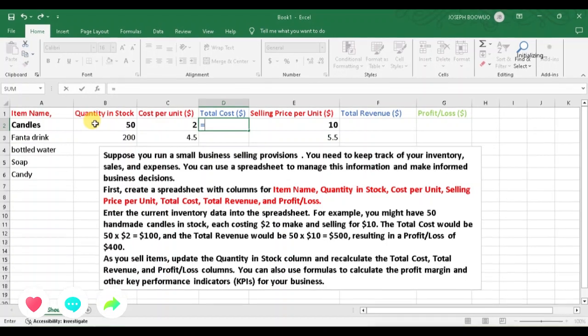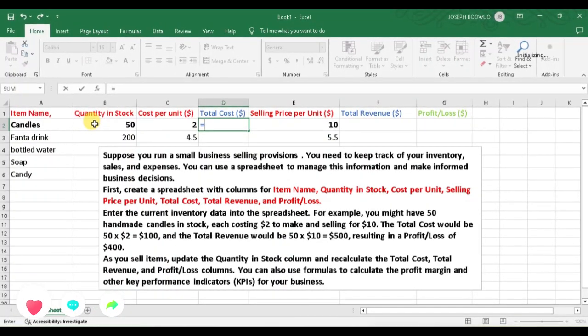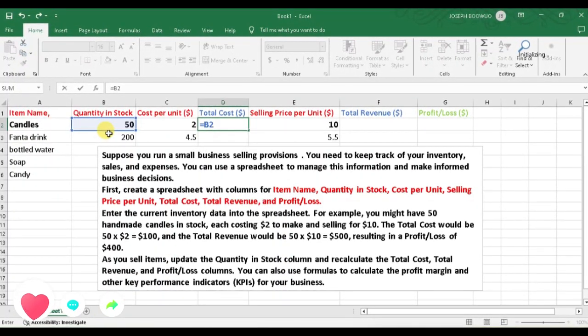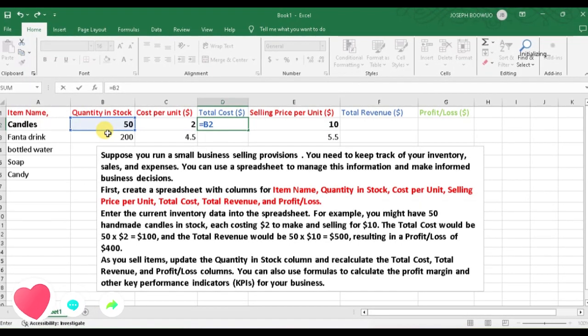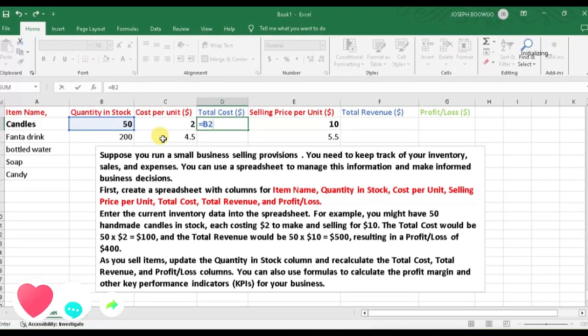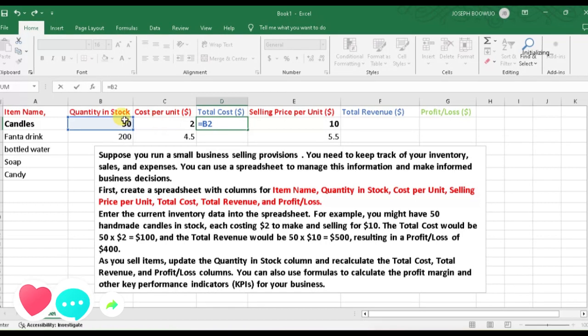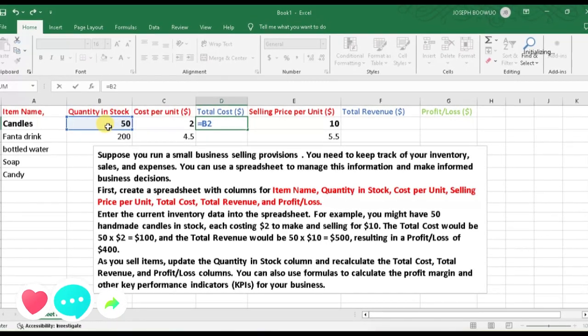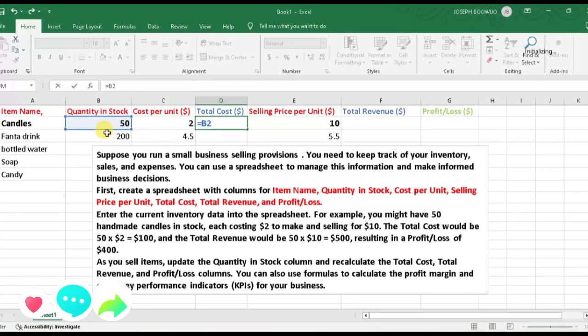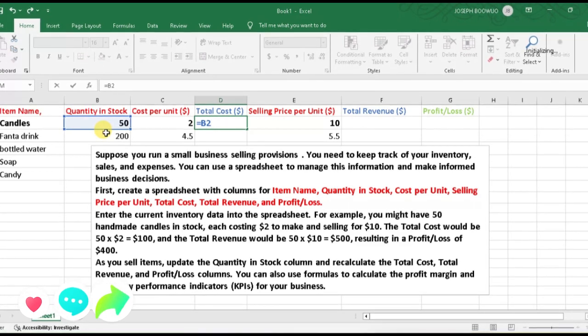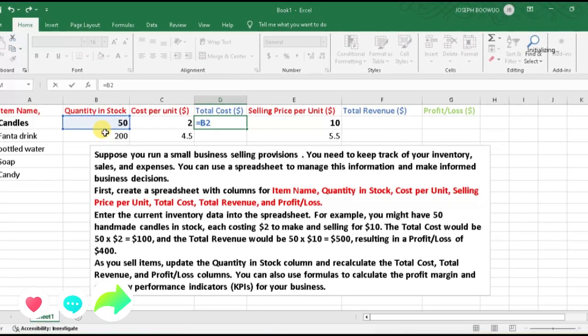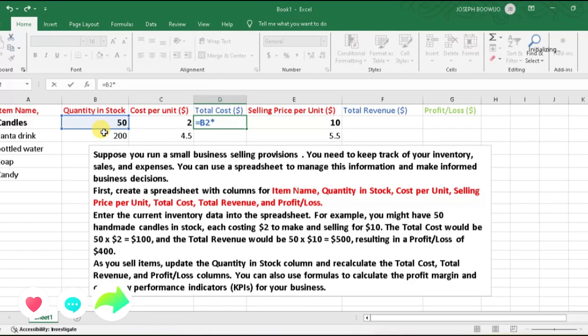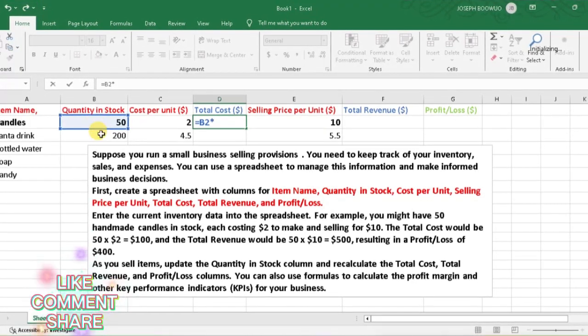So I can just type B2. Now multiplied by cell C2, which is the $2. So the total quantity multiplied by the unit price, so that I can get the price for all of them. Just press Shift and 8 to get the multiplication symbol in the Excel sheet.